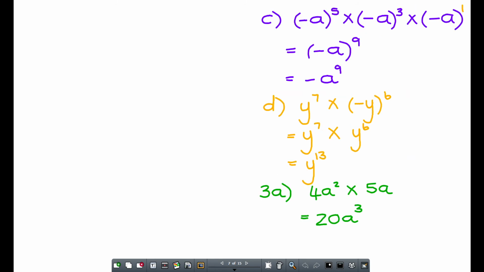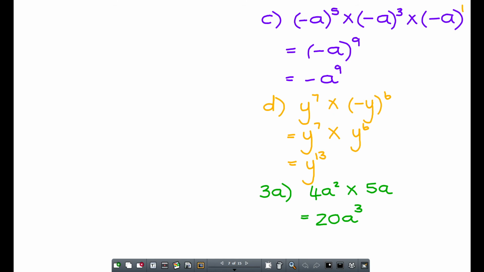At C, my base here was minus a. Because that bracket was around it, it means the whole thing would be my base. Now look at that last term. Minus a, and then you'll see in yellow, I filled in to the power of 1. Because if nothing is written there, it's actually to the power of 1.